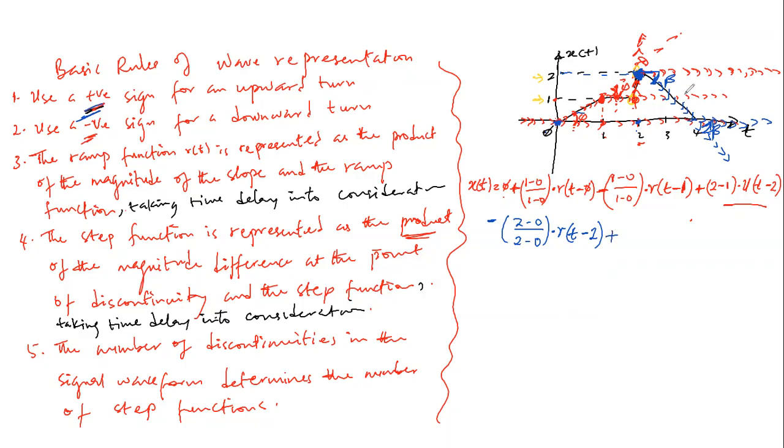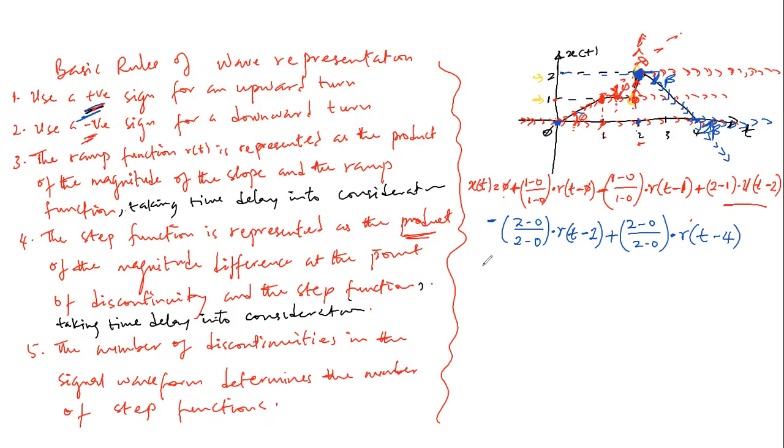That will be 2 minus 0 divided by 2 minus 0 as before. And then we multiply by the ramp function r(t), and this occurred at t equal to 4, so t minus 4.